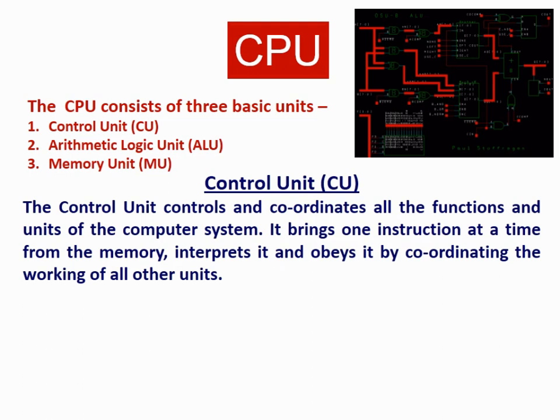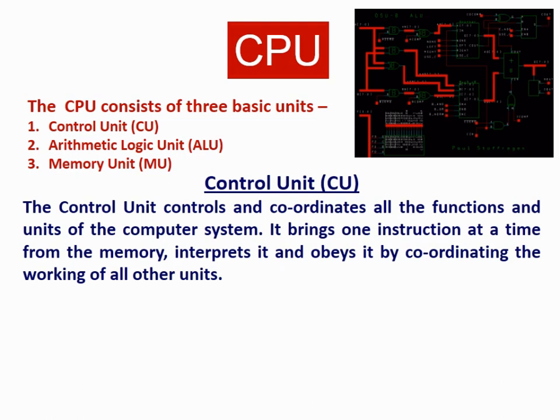See, when you give any instruction to the computer, control unit brings that instruction from the keyboard or mouse, by which you give the instruction, to the computer's temporary or primary memory. Then it interprets it, means it understands it, and finally after understanding it obeys it, means whatever instruction you have given it will follow it.